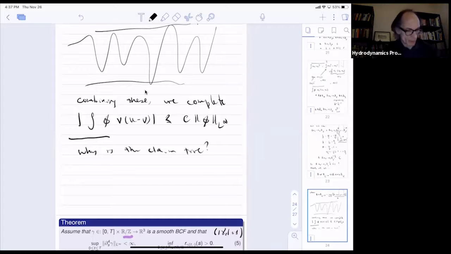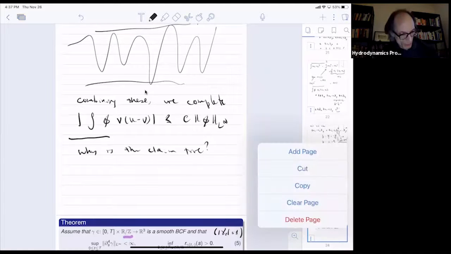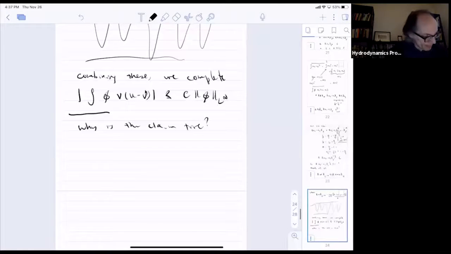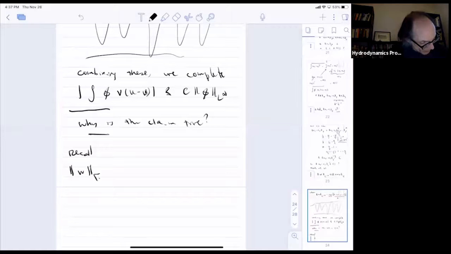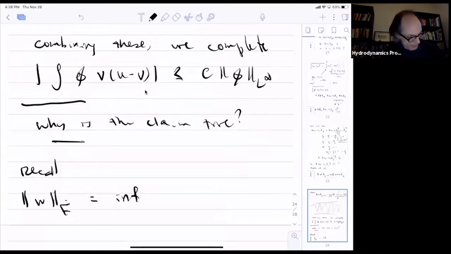So remember we proved that the homogeneous flat norm of W is the infimum of the L1 norm of nu.